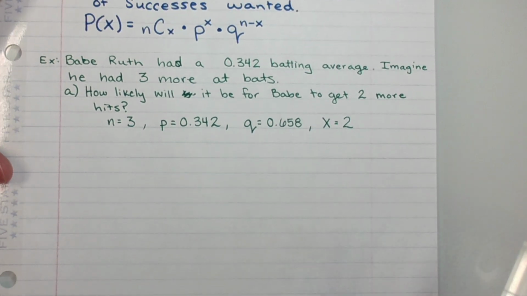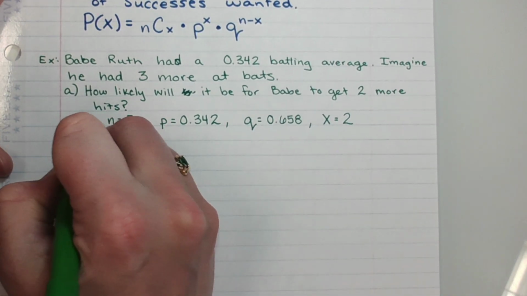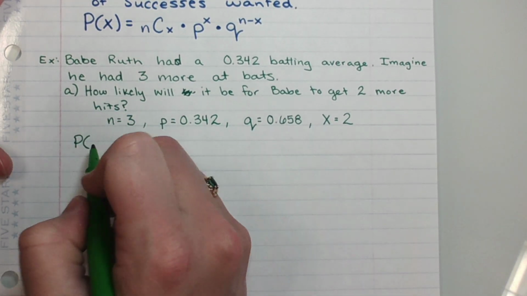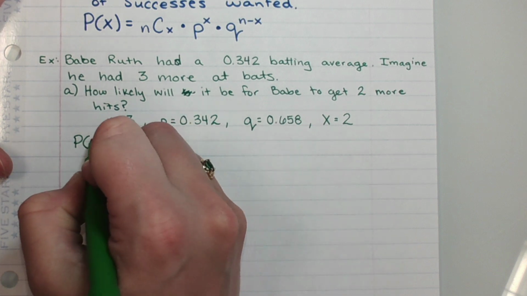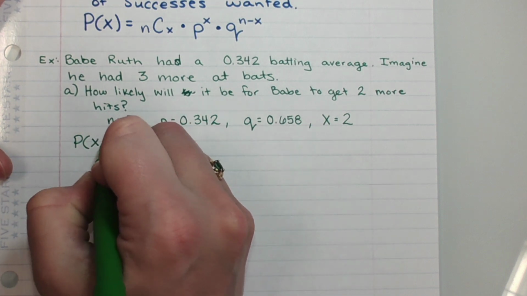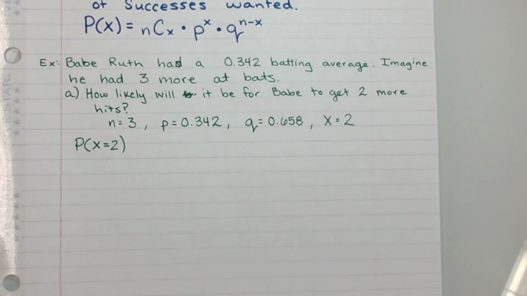Okay. So the probability of x being 2, which sometimes they write p of 2, sometimes they write p of x equals 2, and there's a reason they do that sometimes. I'm going to get in the habit of doing that because it's going to lead us into what we're doing tomorrow.